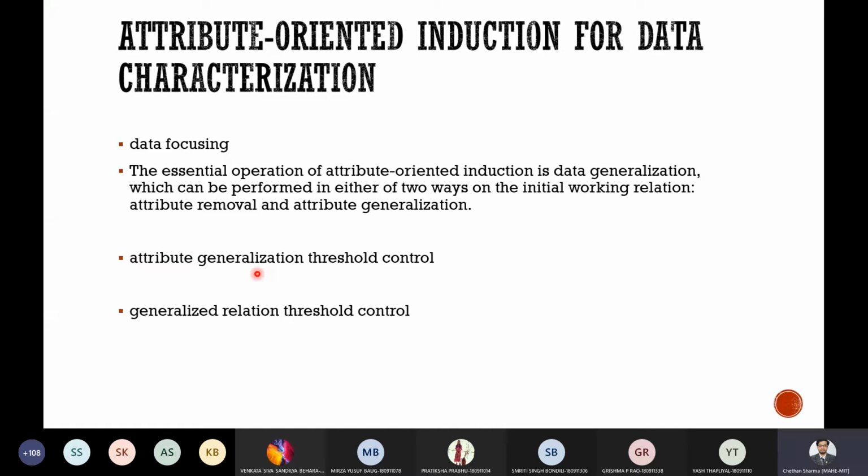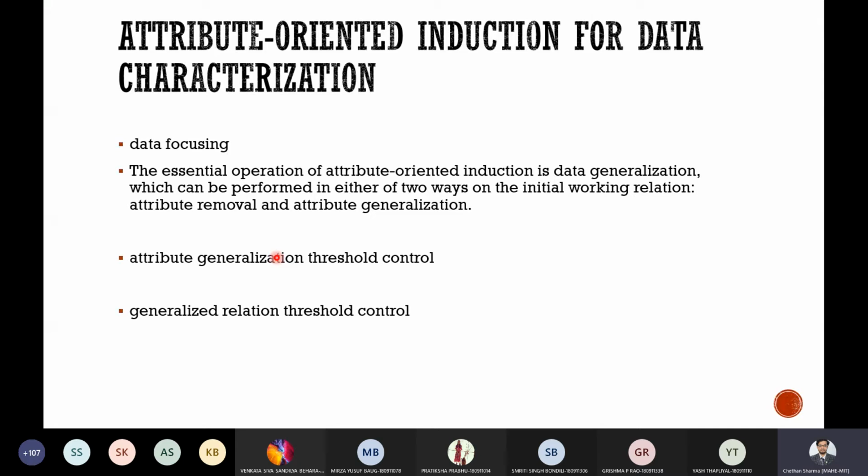So in general, a balance should be attained in attribute oriented generalization. There are different possible ways to perform this balance, or in general to control a generalization process.